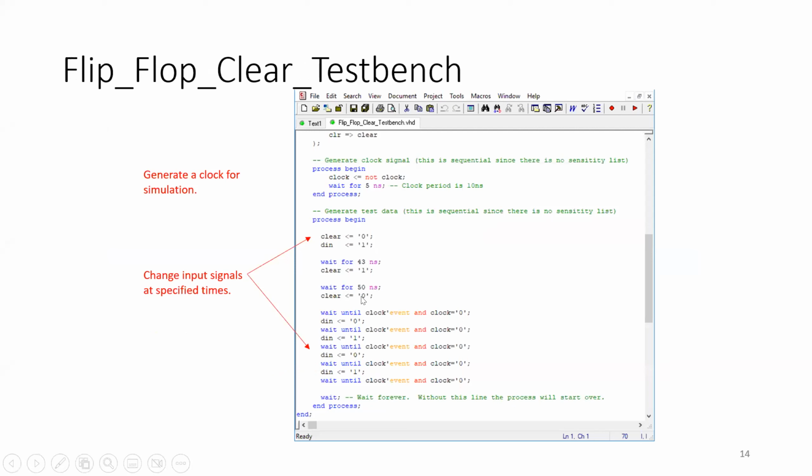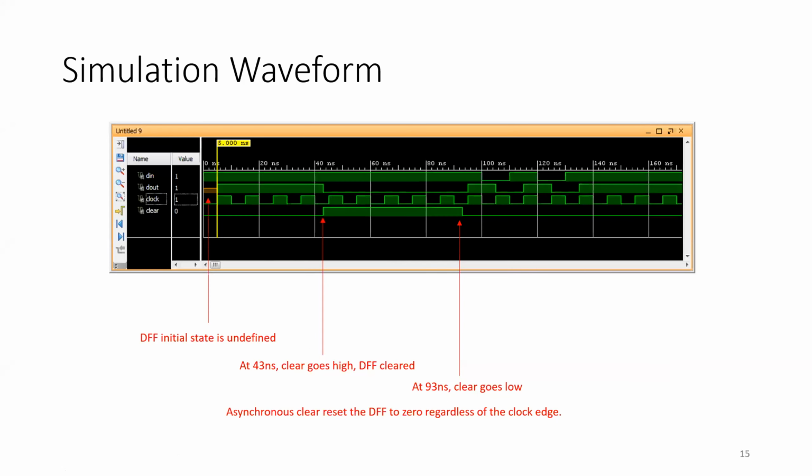After that, clear will go high. But for now, I have D in high, and I have here my clear. When clear is 0, my output should follow my clock.